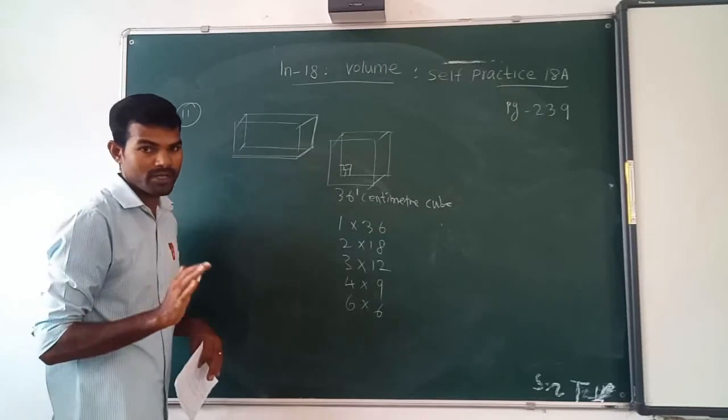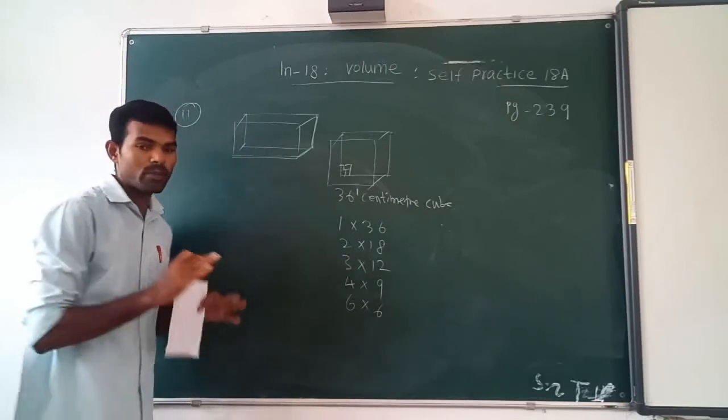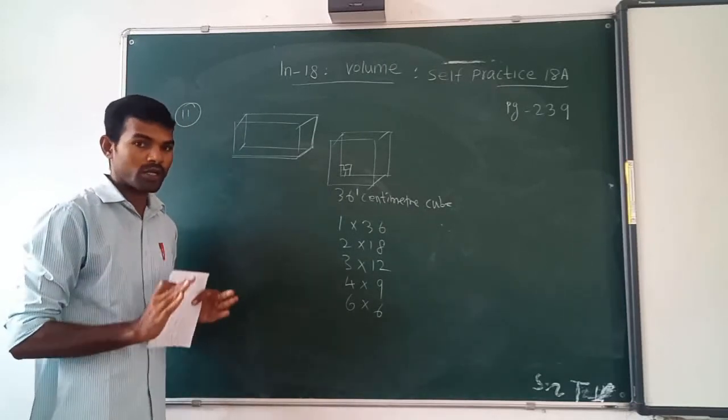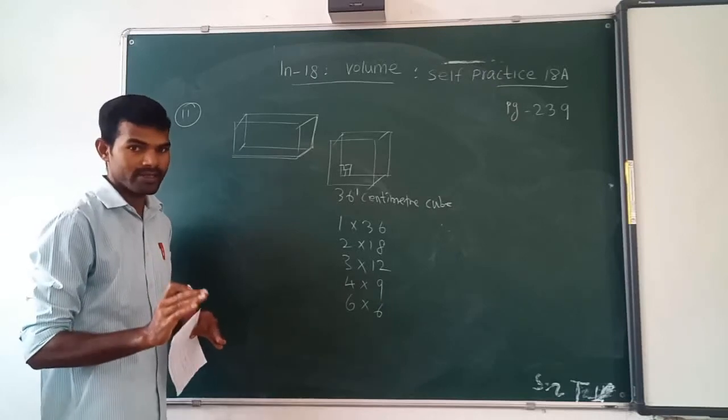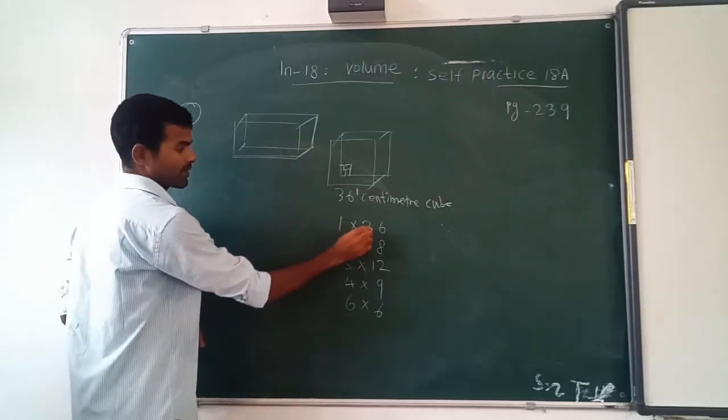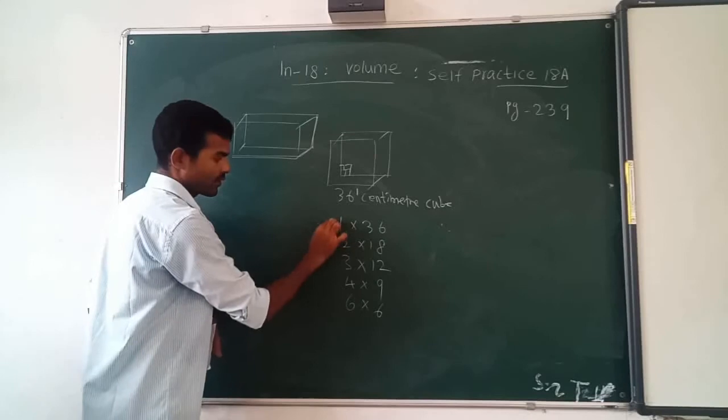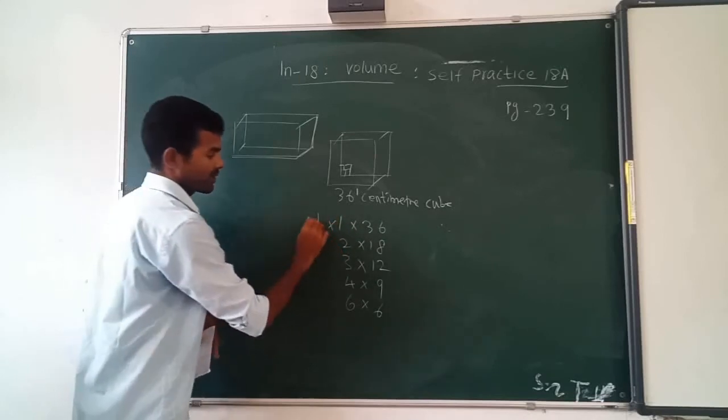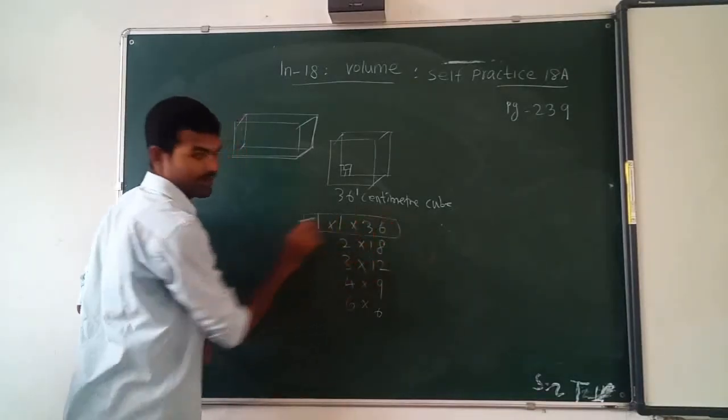So 3 numbers must come. When you multiply 3 numbers, the total must be 36. Now 1 multiply 36 is 36, so multiply with one more 1. So this is one answer.